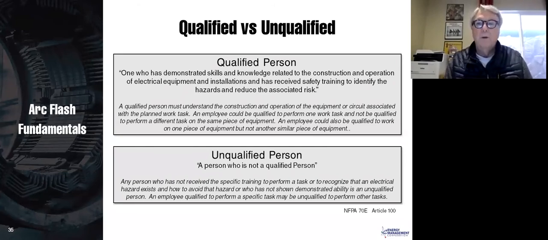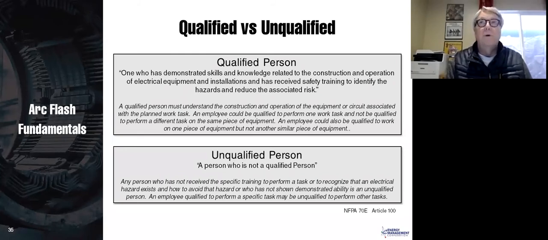Number one, you have to be trained on this standard, NFPA 70E Article 100. Number two, you have to have the appropriate background, and that generally is an engineering or an electrical degree of some sort, and the experience to be qualified to work on that type of equipment. And the third thing is an understanding of the thing you're working on.